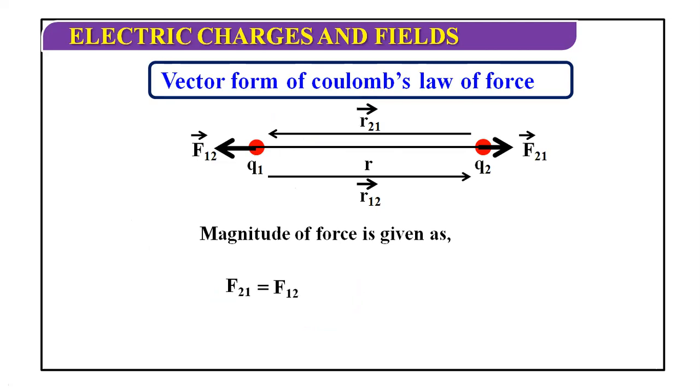So if both the forces are equal, it means both the charges are equal: q1 is equal to q2. So that's why F21 is equal to F12 is equal to F. So when both the charges are point charges, like charges, but their magnitude is the same, then the magnitude of the forces, whether attractive or repulsive, will also be the same.